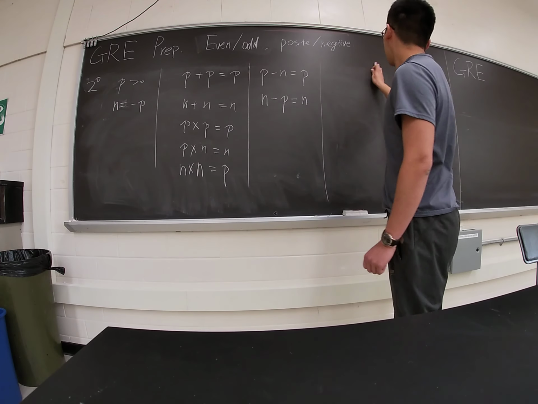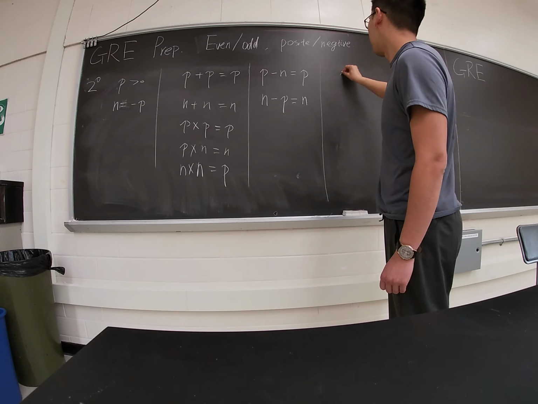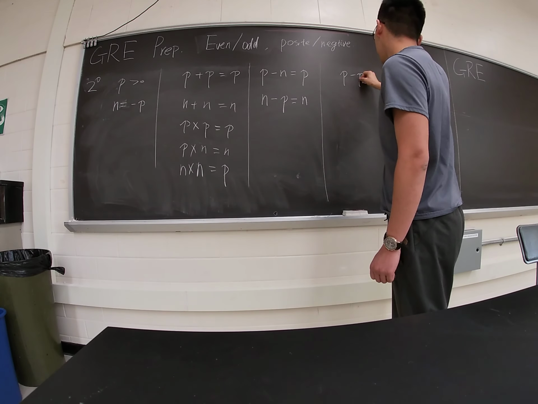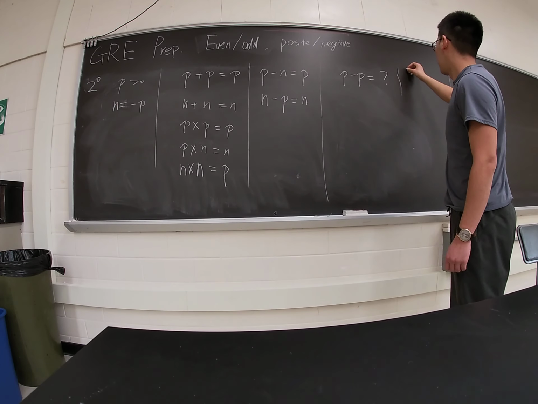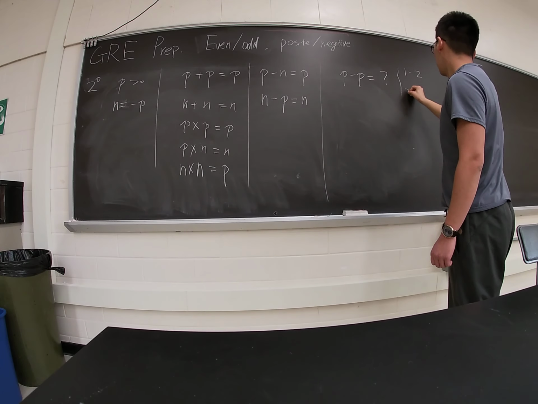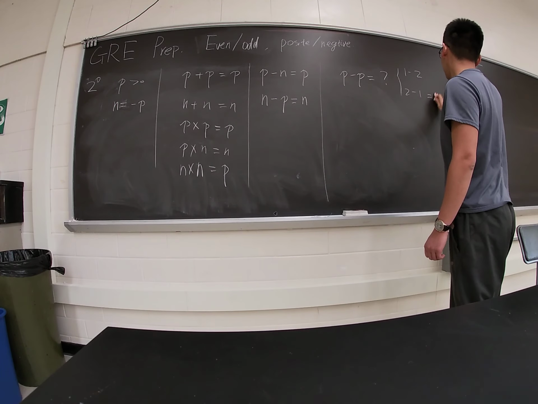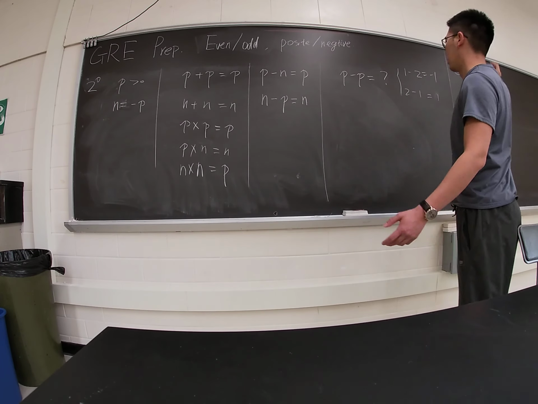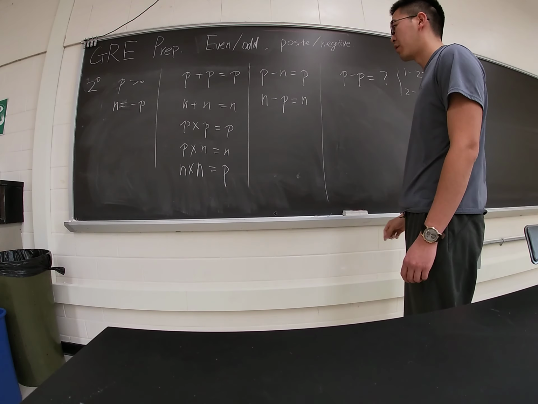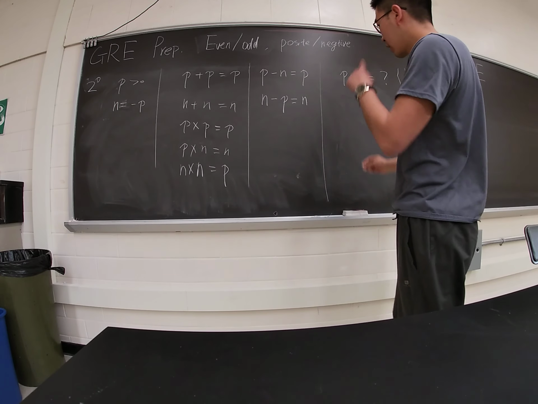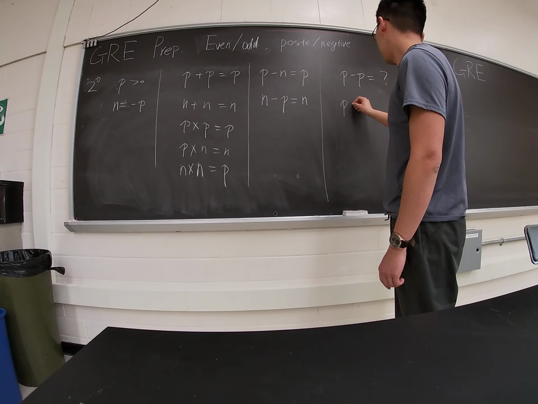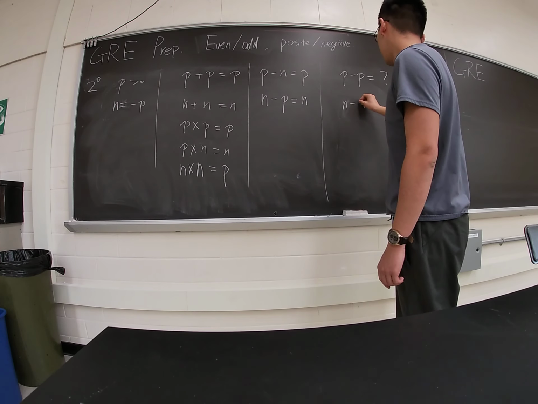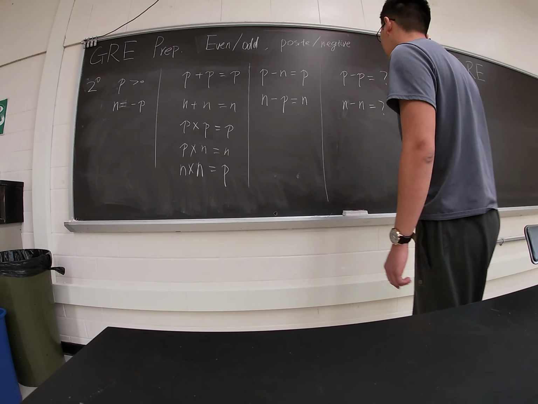Here are some that are indefinite. For instance, positive minus positive, you don't know, because sometimes you have 1 minus 2, or 2 minus 1. One is negative 1, one is 1. So you don't know if it is positive or negative. And negative minus negative is unknown.